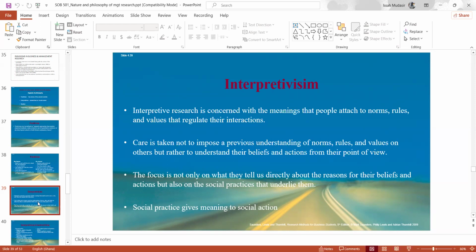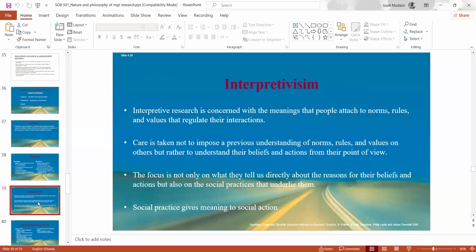So, Silas, let me ask you. The law of demand, does it work in this class? Does it work in Ghana? Does it work in US? Does it work in South Africa? So it's context free. No matter what.